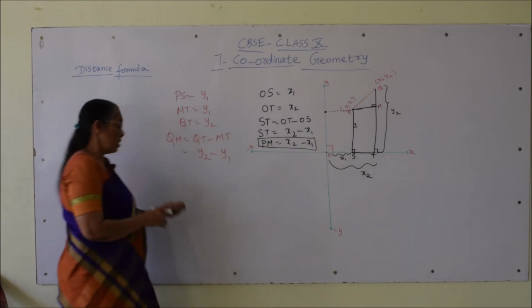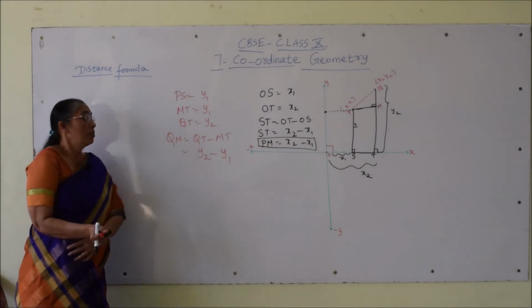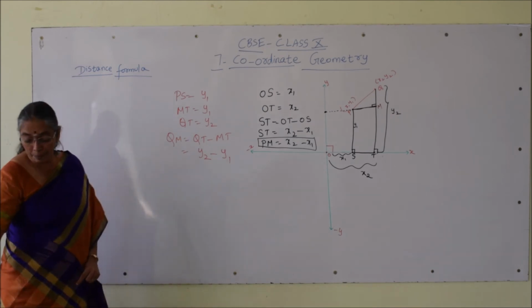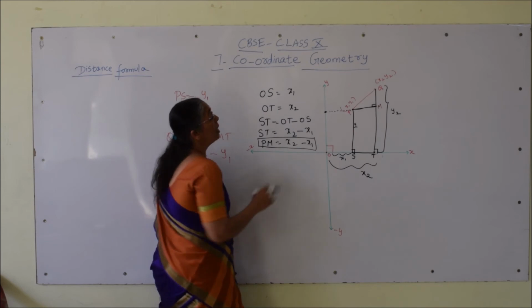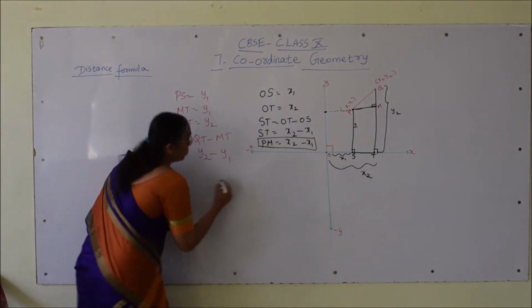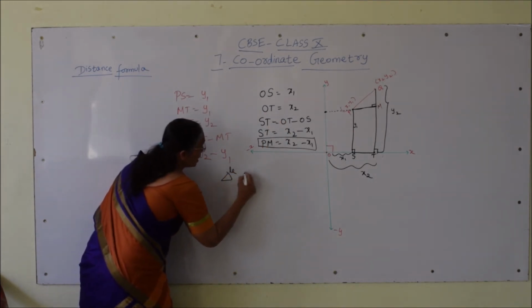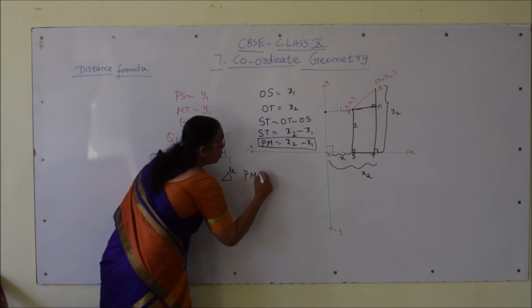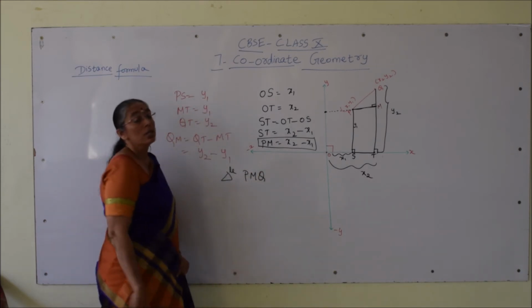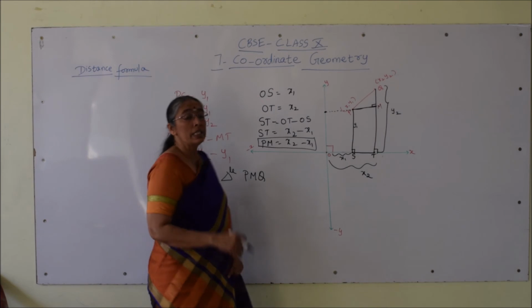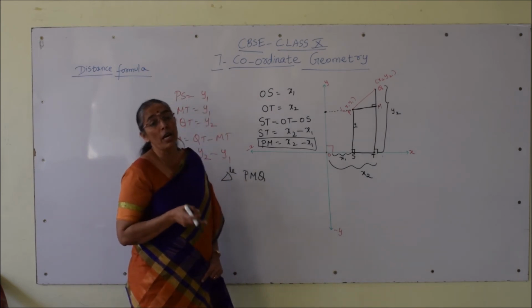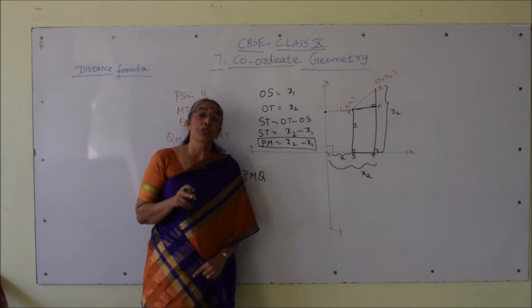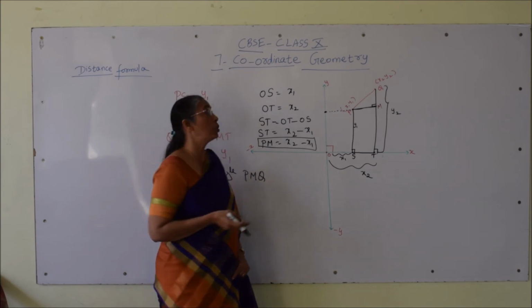Now, let us see why we found PM and QM. I will consider the right angle triangle PMQ and use the Pythagoras theorem. In a right angle triangle, the square of the hypotenuse is equal to the sum of the squares of the other two sides.